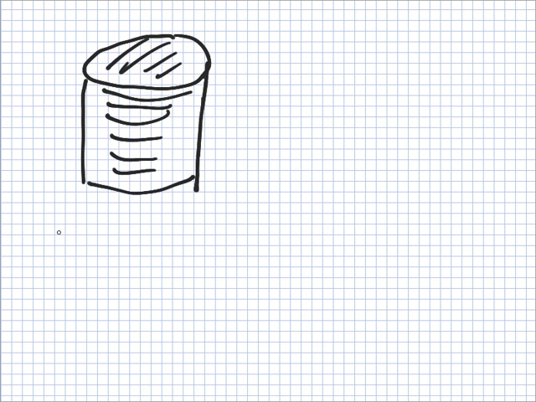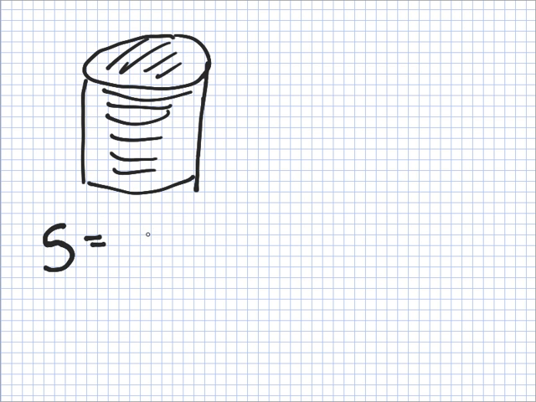So, I don't know if you know this because the formula is not in the formula book, and the last time you would have seen the formula for surface area was back in middle school, a long time ago. So, does anybody know the surface area formula for a cylinder? Long time ago.